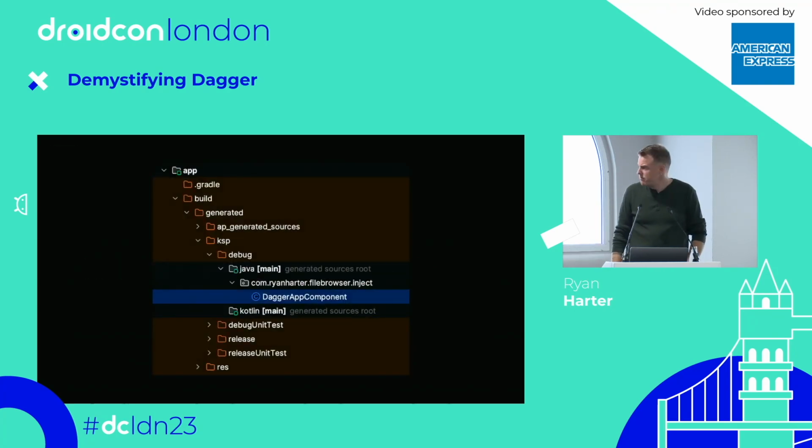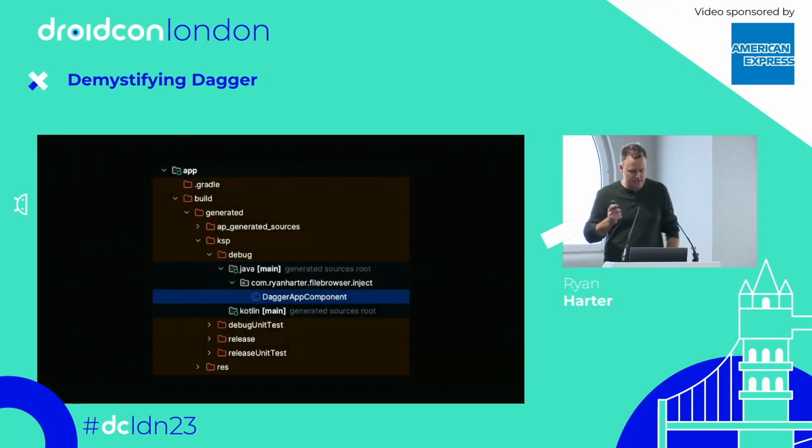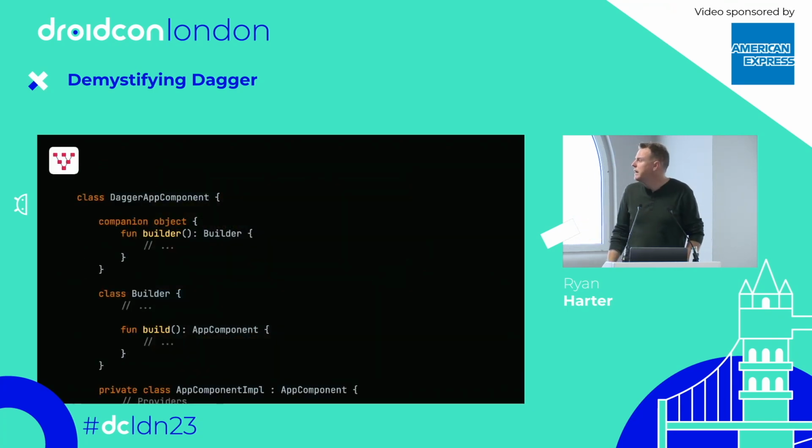Now, if you run that, you'll see this. Dagger will generate a Dagger app component. It actually won't if your interface looks like this, because again, there are no entry or exit points here, because this interface doesn't define anything. However, we're going to build that up, so let's just pretend it generates this at this point, and we'll see why.